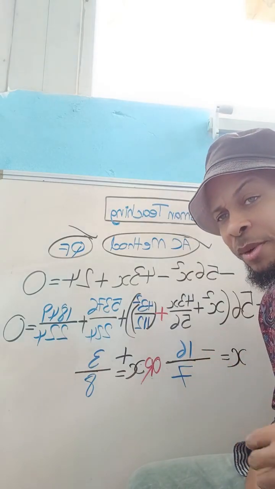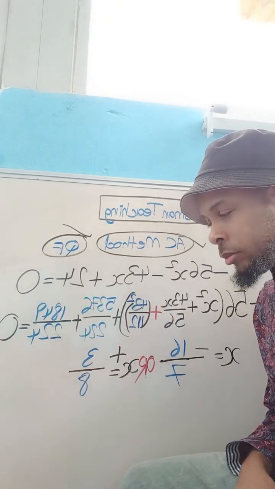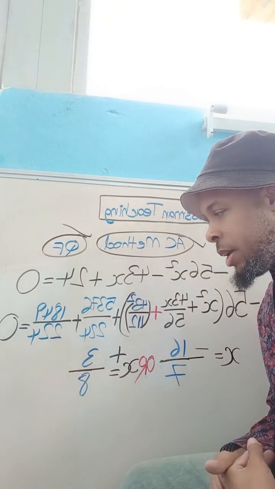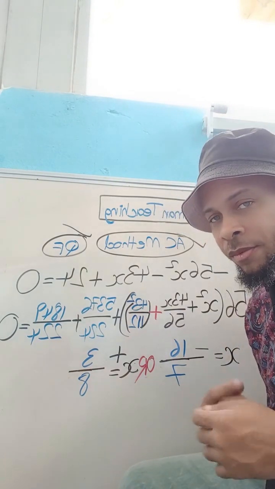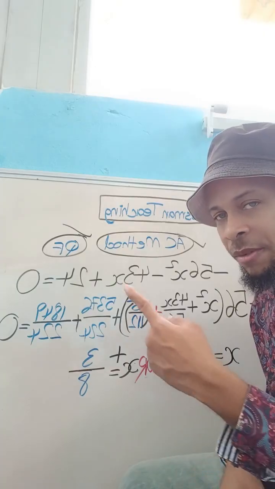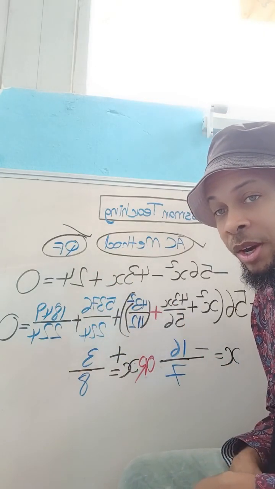The three ways, right? The only thing that we need to remember is that when it cannot be factorized in terms of the AC method, you have to use this, the quadratic formula or completing the square.